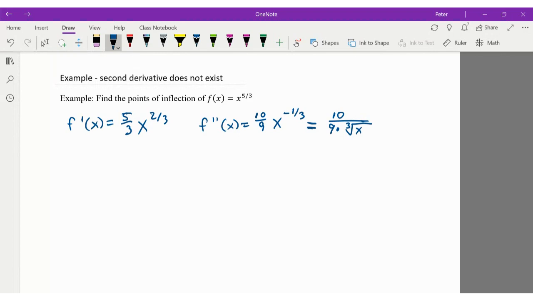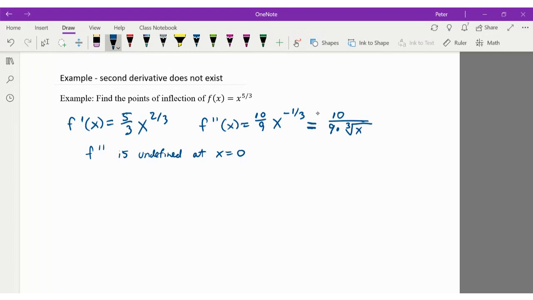So here we have f prime prime is undefined at x equals 0. So this is the other reason, the one we don't really think about that much, where we'd have to consider the possibility that an inflection point is a place where the second derivative is undefined.